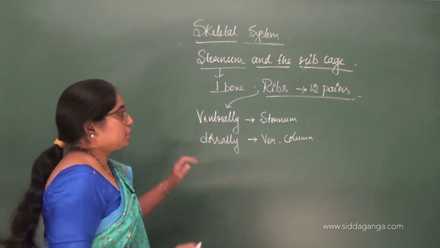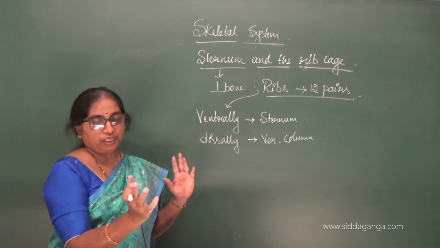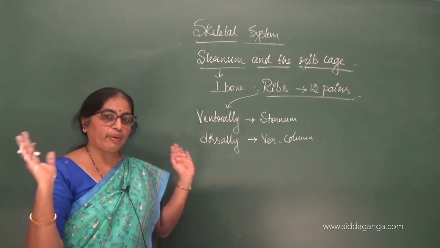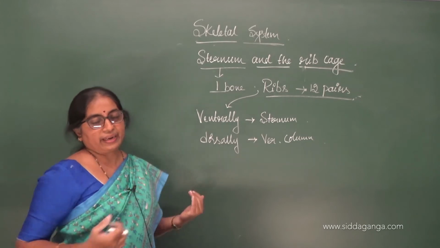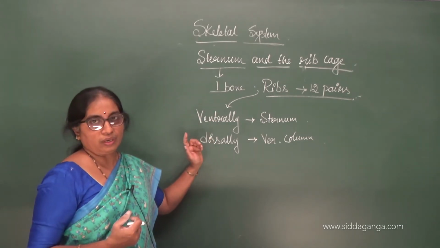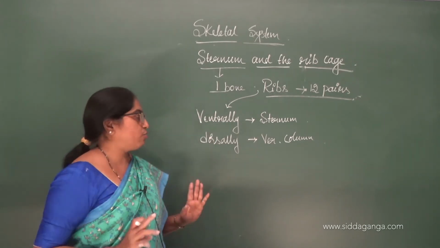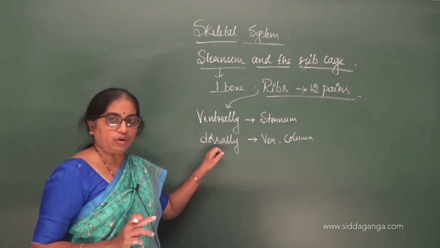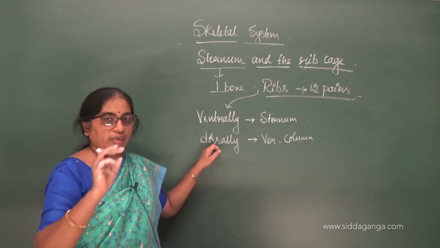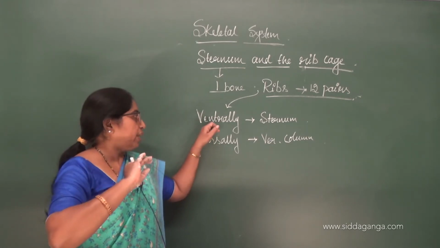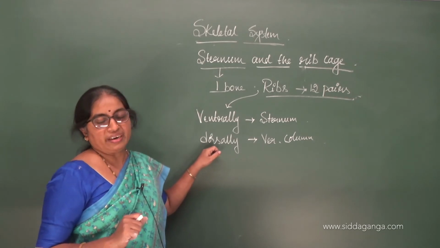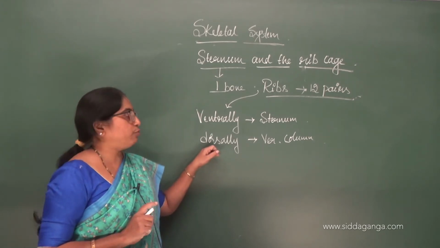So this forms a cage-like formation. The sternum, the ribs moving from front to backwards, and the back is protected with the vertebral column. So ventrally there is the sternum, dorsally there is the vertebral column, and the ribs are moving from the ventral sternum towards the dorsal vertebral column, and hence it forms a cage-like formation.